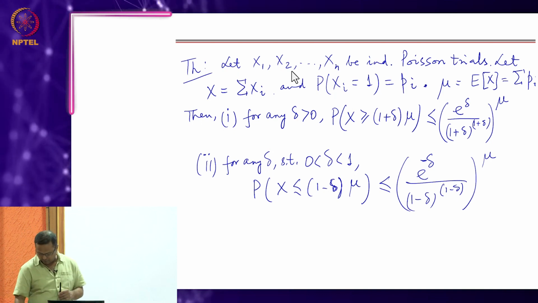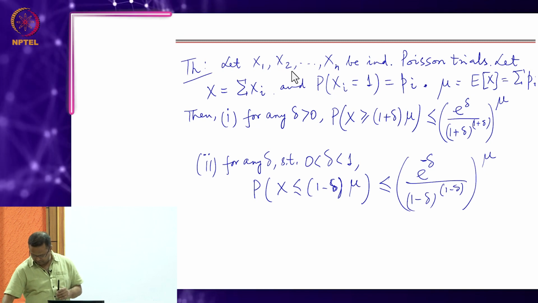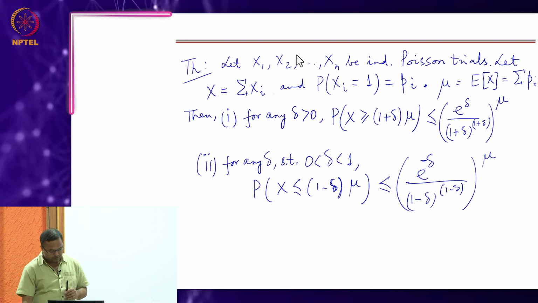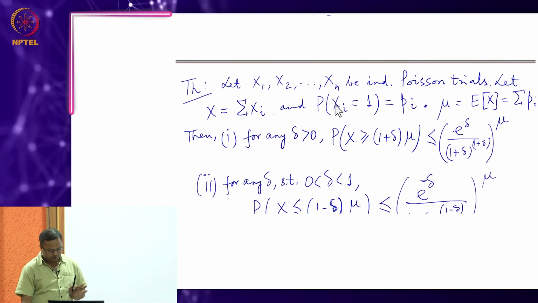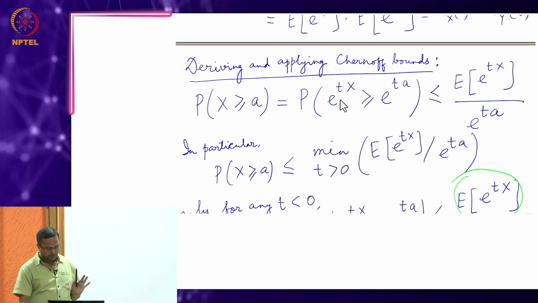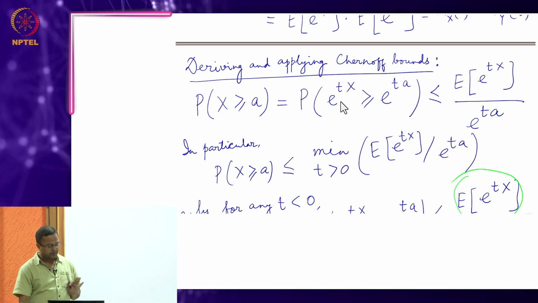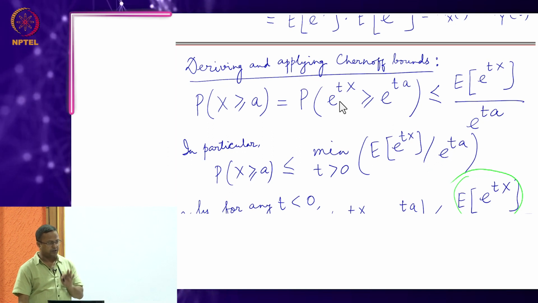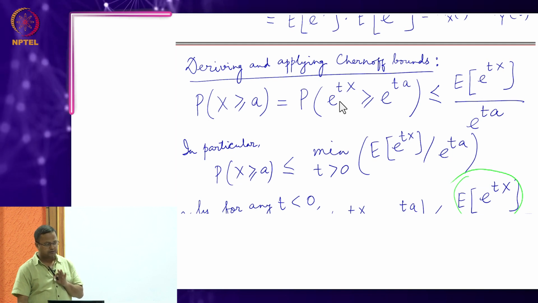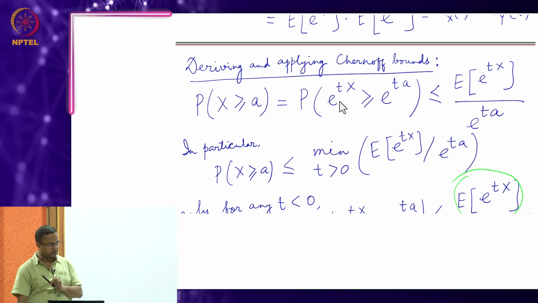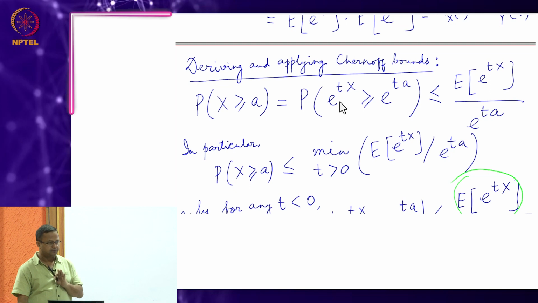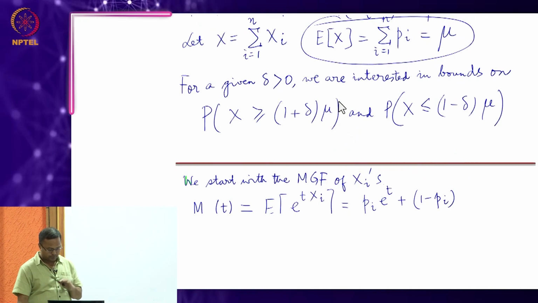Okay, let's now try to prove them. Now, remember, Chernoff bound is nothing but Markov's applied to this. My capital X is now the sum of 0, 1 independent Poisson trials. I know its moment generating function. I have to now suitably choose a t. That is what remains.